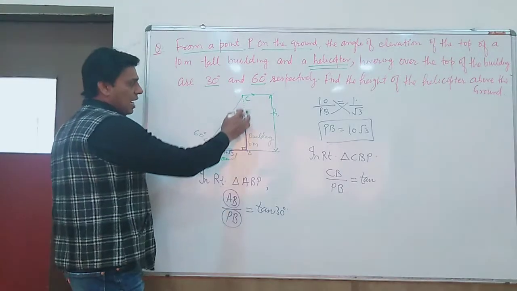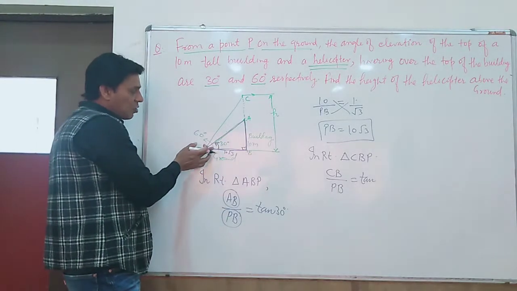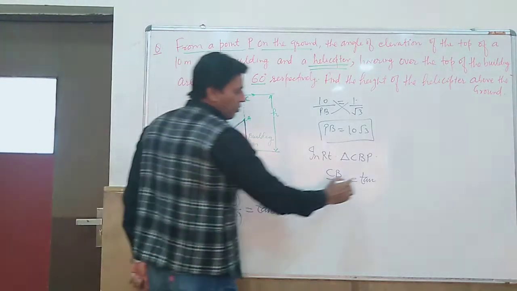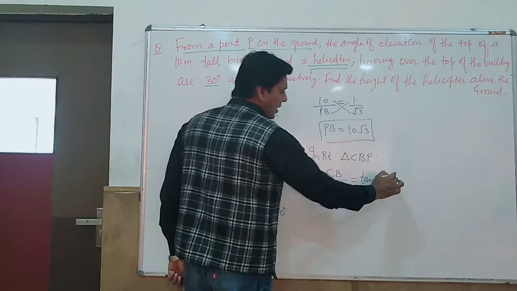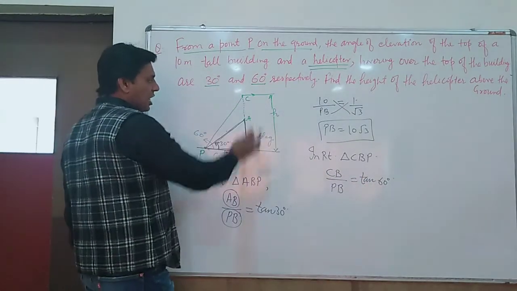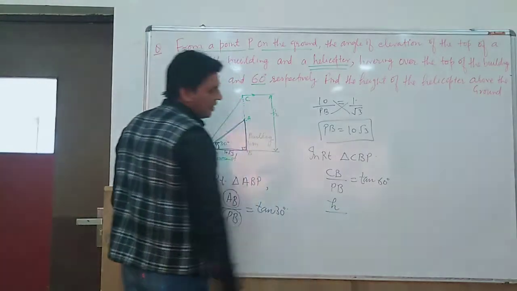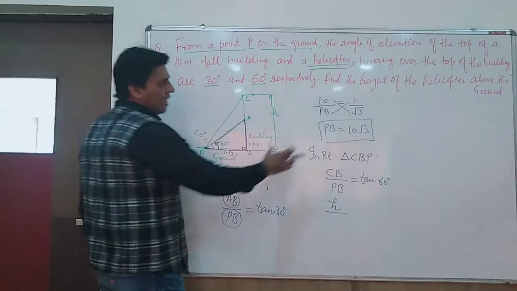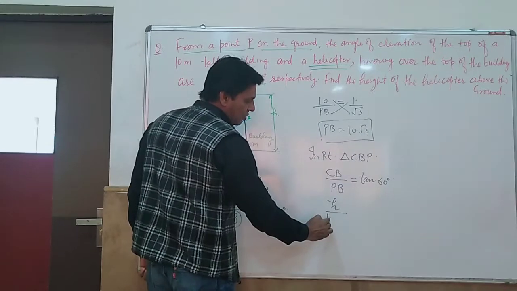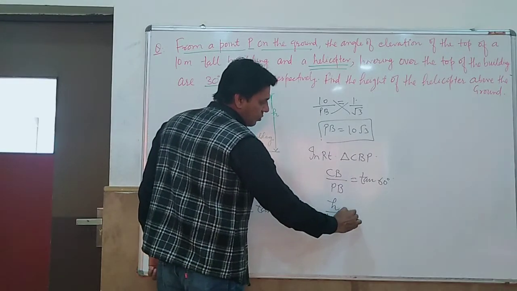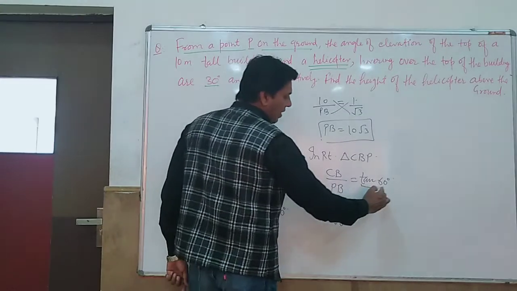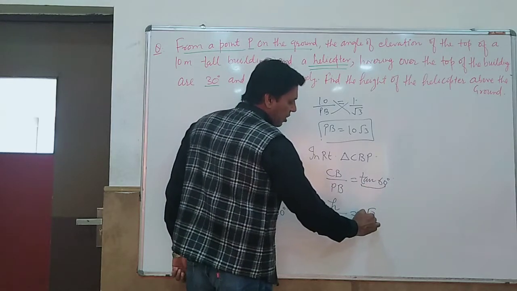But now because we are taking the bigger triangle, we will take the bigger angle, tan 60 degree. CB is height h, which we have to calculate. Now PB we have already calculated, so put its value 10 root 3, and you know the value of tan 60 degree is root 3.